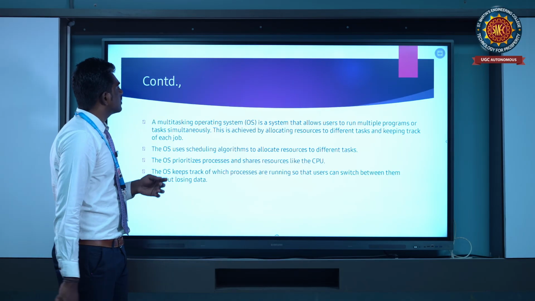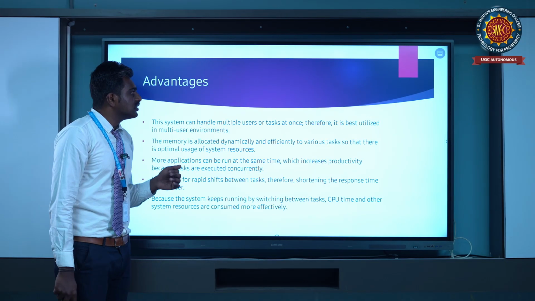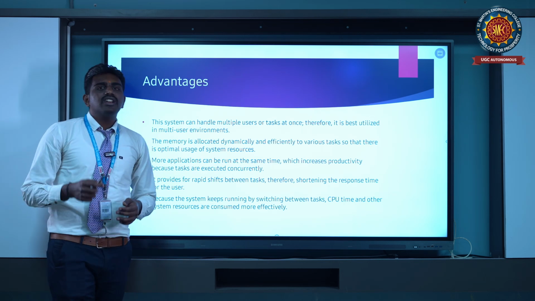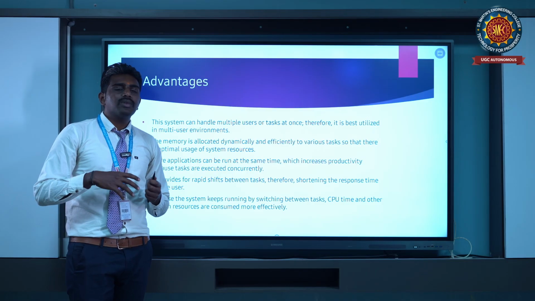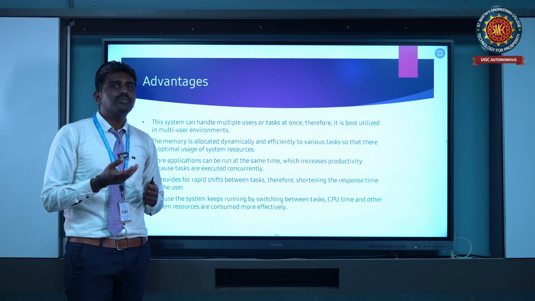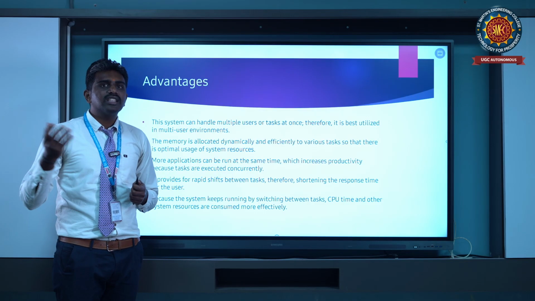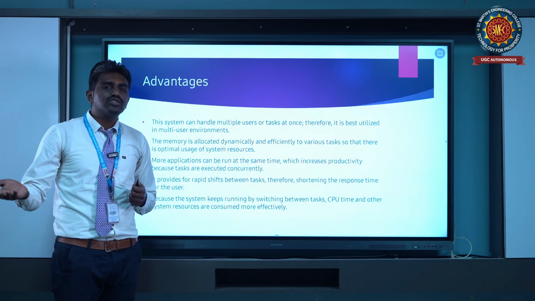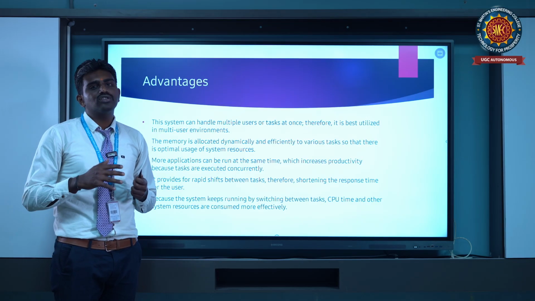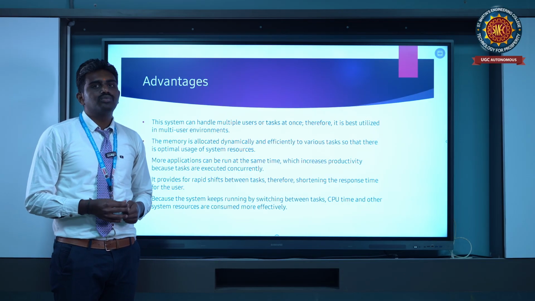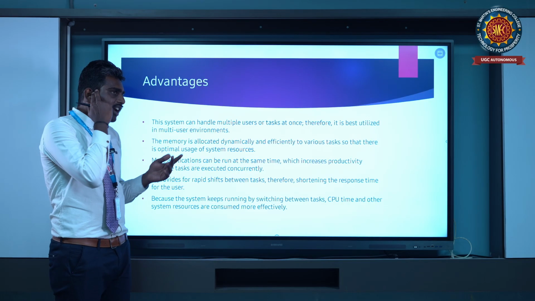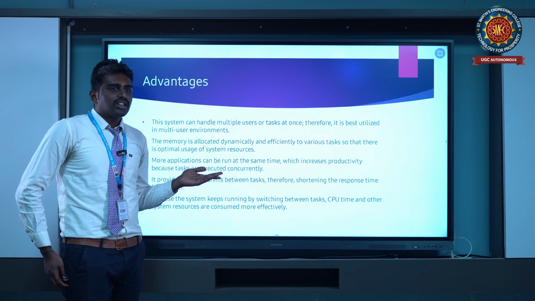In this multitasking operating system, one task is given to the operating system. The operating system takes the task and implements it, and at the same time another application also implements another task, handles it and gives the output. So this is the advantage of this multitasking operating system.